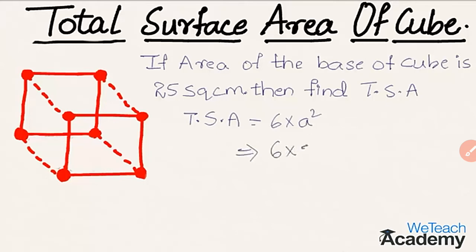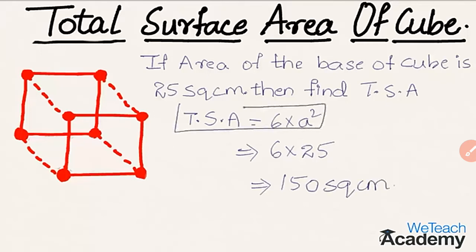So 6 into 25, which is equal to 150 centimeter square. So these are some examples of finding the TSA. We know that TSA is equal to 6A square, where A square is the area of the base.